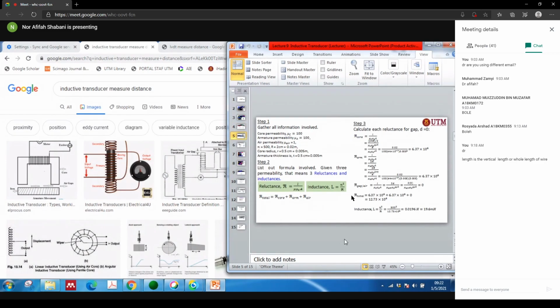First of all, you need to gather all the information from this question. We have mu c equal to 100, mu A equal to 100 also, and mu air equal to 1, and N, the number of loops, equal to 500.